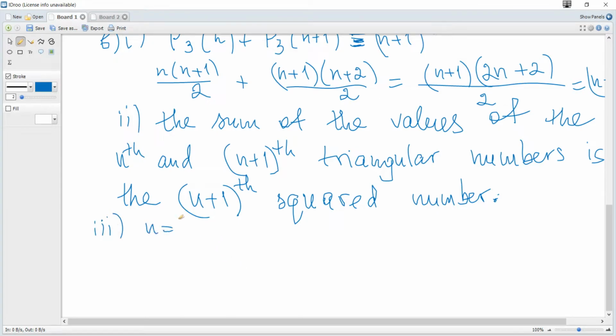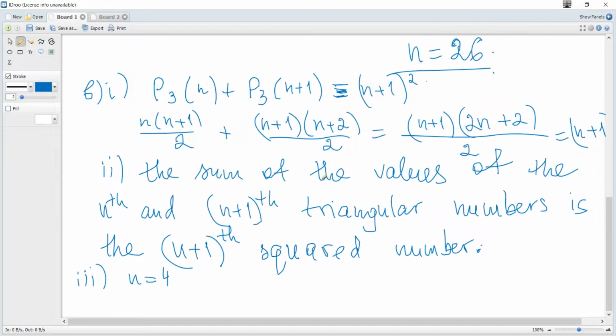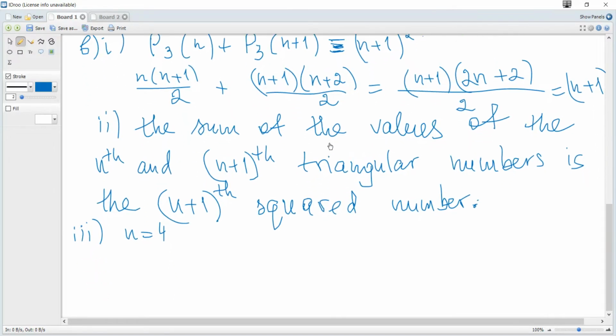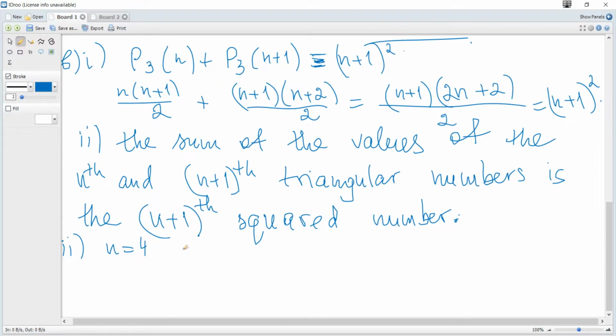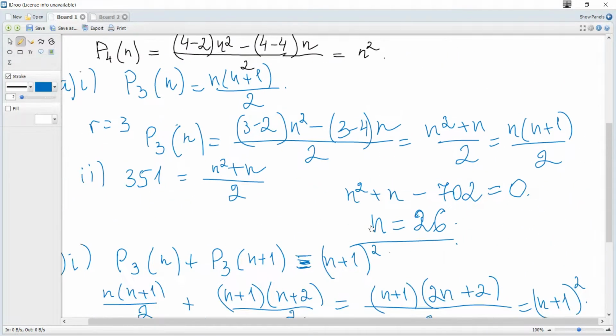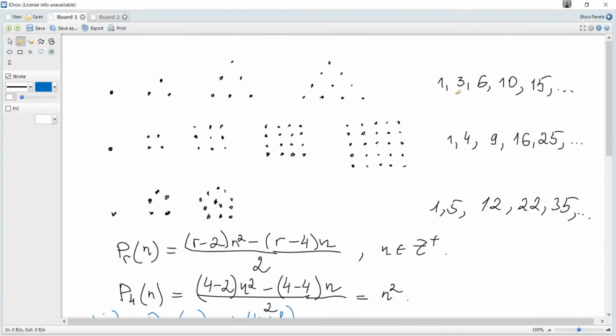For n is 4, sketch a diagram clearly showing your answer to part B I. So we need to show this result using some illustration. When n is 4, it means the 4th triangular number.